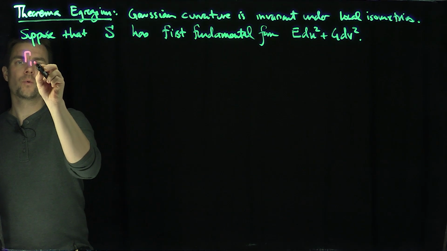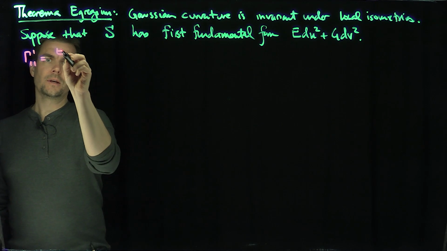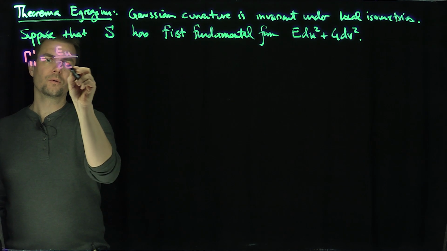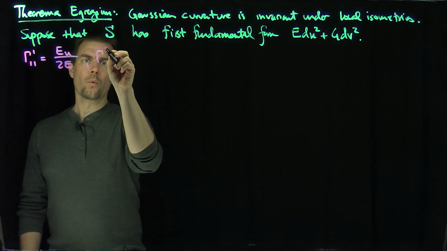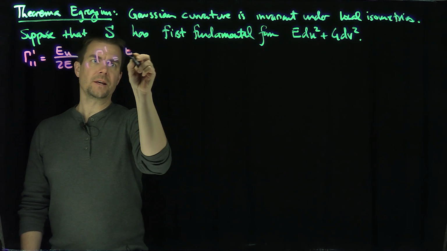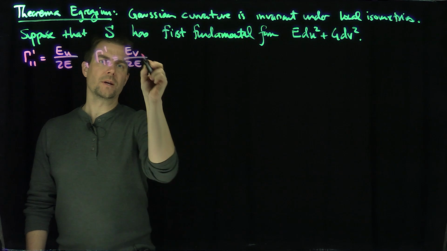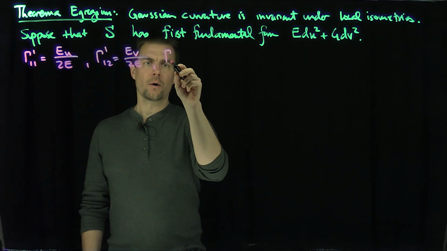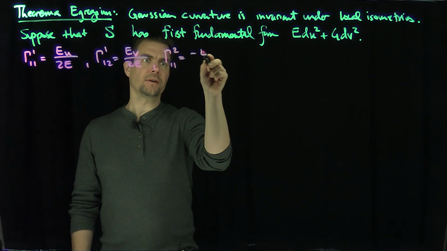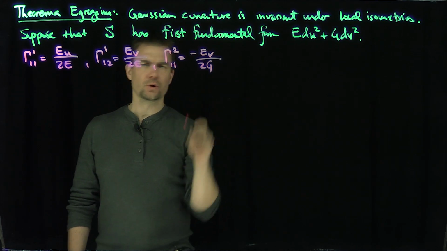Gamma 1,1,1 is equal to E_u over 2E. Gamma 1,1,2 is E_v over 2E. Gamma 1,2,2 is negative E_v over 2G. Then gamma 2,2,2 is G_v over 2G. Gamma 2,1,2 is going to be G_u over 2G.